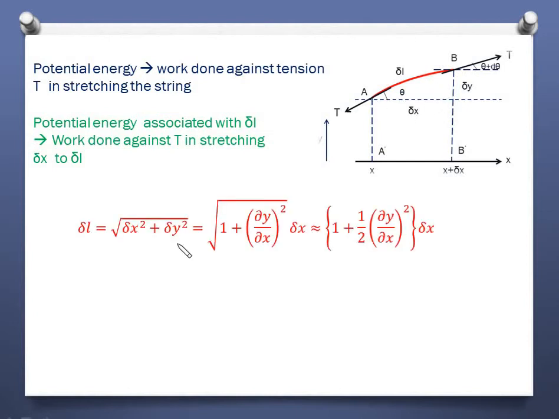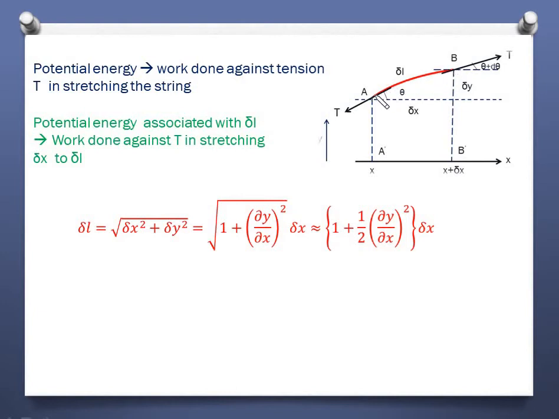So just to find the relation between delta L and delta X, we can write delta L equals the square root of delta X square plus delta Y square. Here the assumption is this element is small enough, and also the displacement is very small. So even though it's not exactly a straight line, we can assume it is straight.